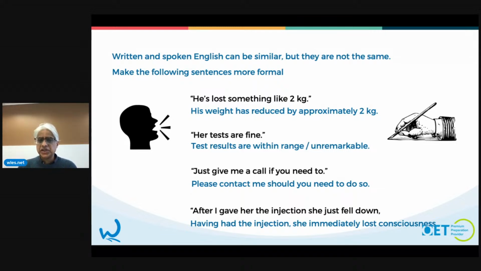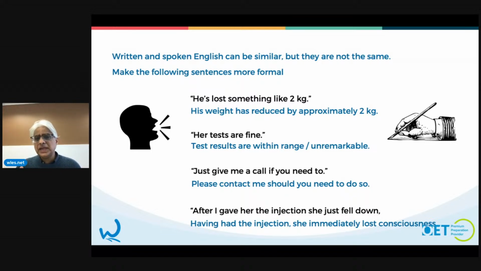Having had the injection, she immediately lost consciousness. It's a really good structure to learn, and a really nice structure to put into your writing. It is something taught at higher levels of English, so you can show the examiners I do have a higher command of English by using this structure.